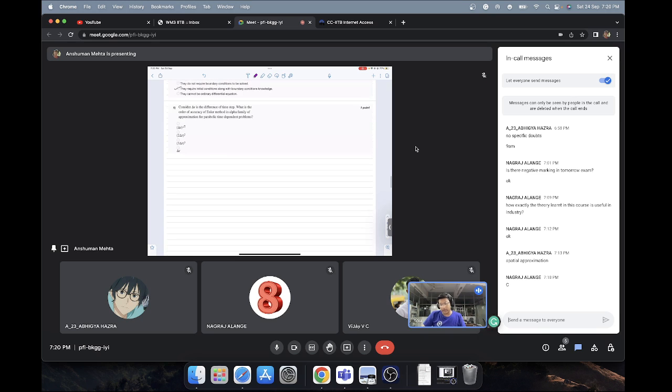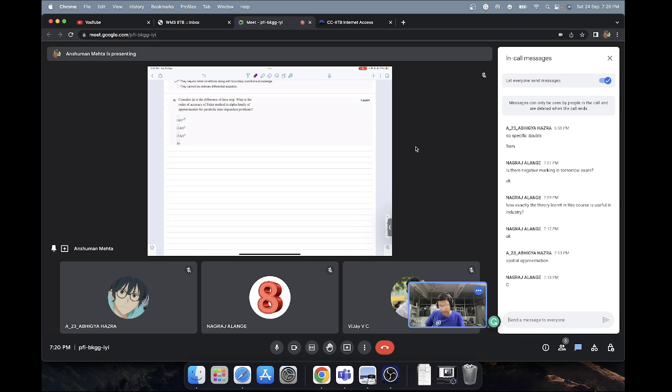Next is, consider delta t is the difference of time step. What is the order of accuracy of the Euler method in the alpha family of approximation for parabolic time dependent problem? So you all have done alpha family of approximation.